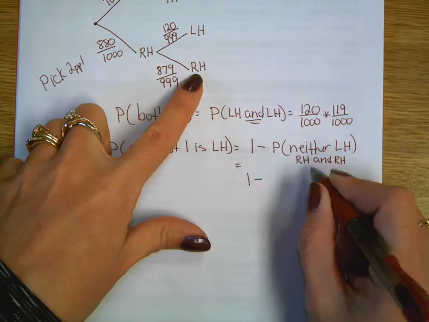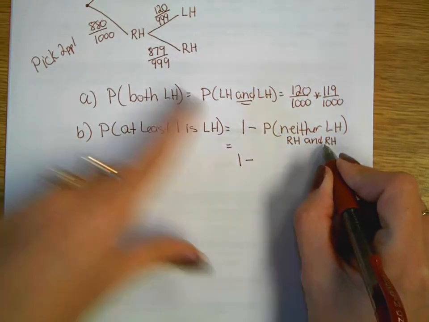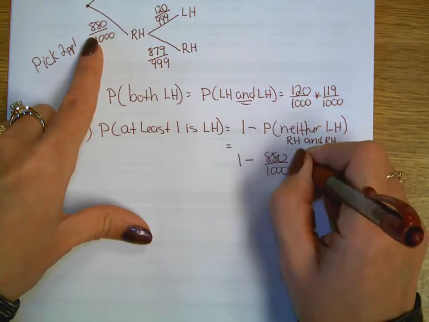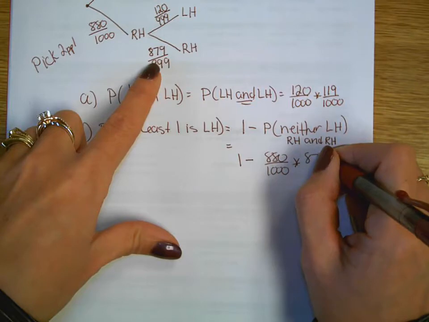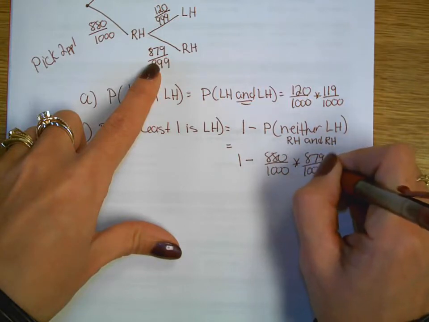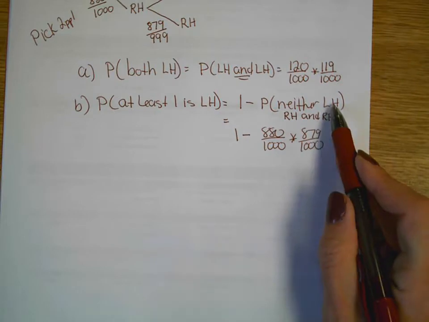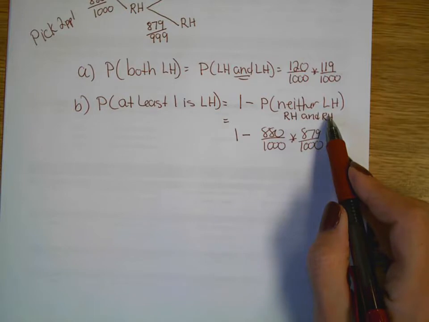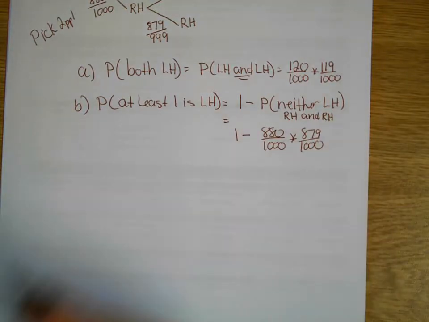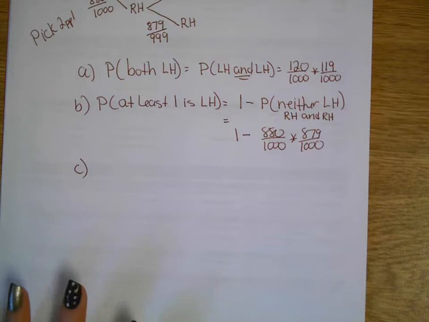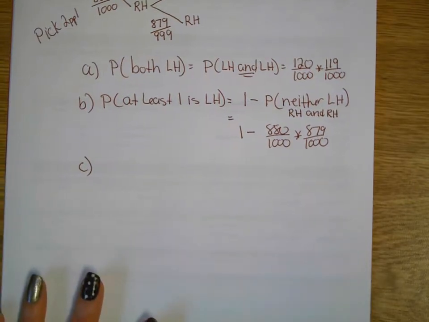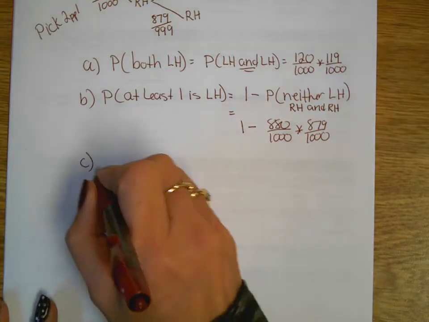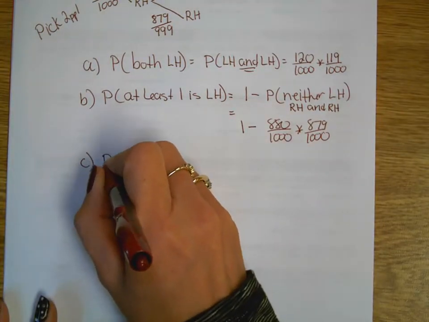So it's 1 minus, now this is an "and" situation, so I'm going to multiply 880 over 1,000 times 879 out of 999. So neither left-handed means the situation I was looking for was getting a right-handed and a right-handed. Okay. Probability that neither person is left-handed.